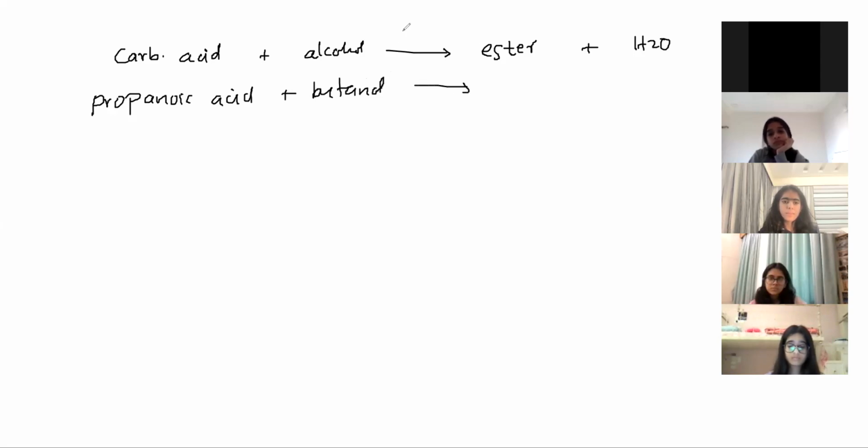Now the formula of propanoic acid will be C3H7COOH. No. C2H5COOH. Correct. Since it is propanoic acid, you will not start with 3 carbons, you will start with 2 carbons, because 1 carbon is there in the functional group.